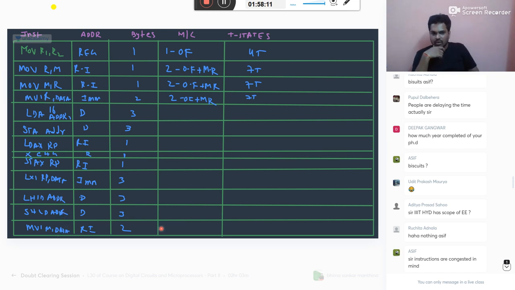M comma data has 3 machine cycles: opcode fetch, memory read, memory write. In that case, 10 T states. Anything else? Is anything wrong in this? Got it? So you can fill this table.